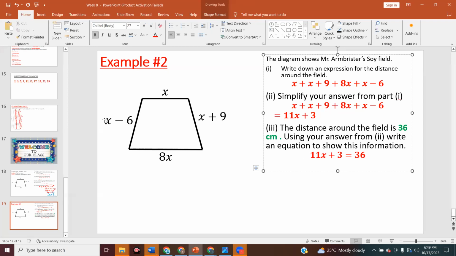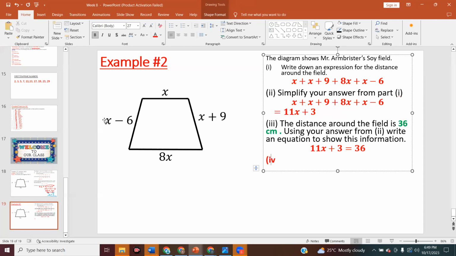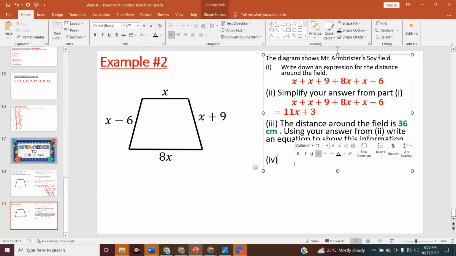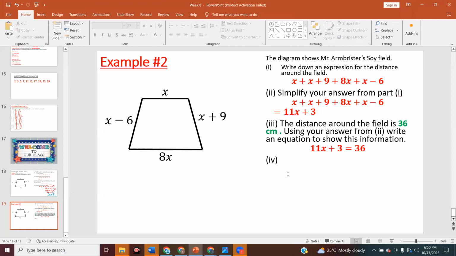So anyone who does not understand, let me know, please. I'm having a bit of trouble catching on. Okay, you understand how we got 11x plus 3? Yes, sir. I'm just a bit stumped at the third part.